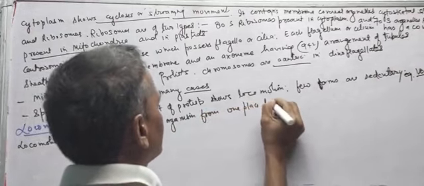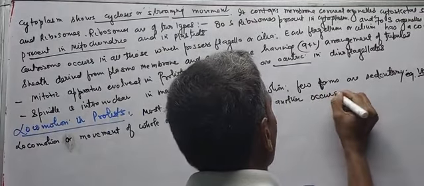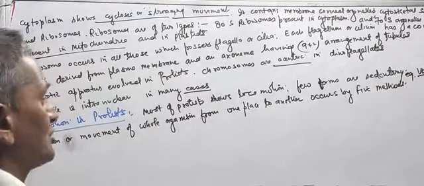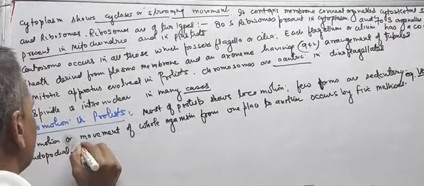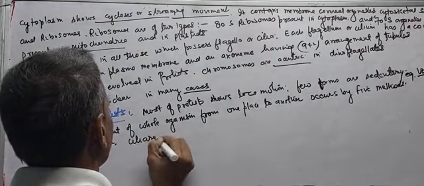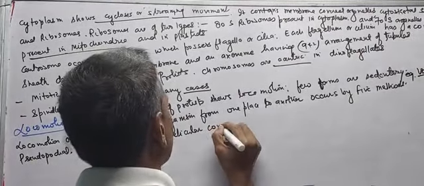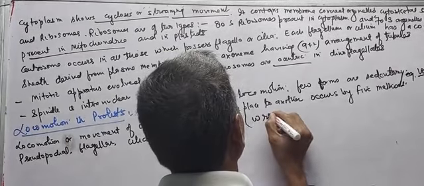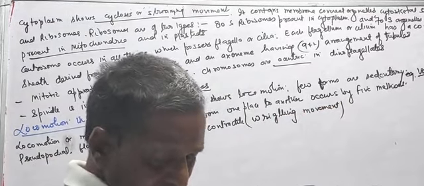It occurs by five methods: pseudopodial, flagellar, ciliary, pellicular, and contractile, that is called wriggling movement, and mucilage propulsion.